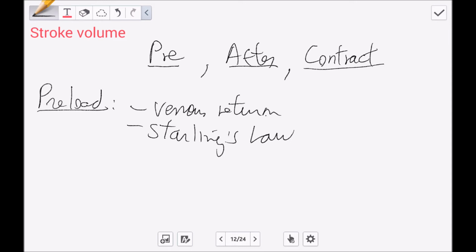Right? However, we have to be careful because Starling's law does have a limit. So what it does is, once it reaches the limit for a long and extended period of time, so people who have excessively high blood pressure over a long period of time, or they have fluid volumes that are constantly high over a chronic period of time, then they develop congestive heart failure.